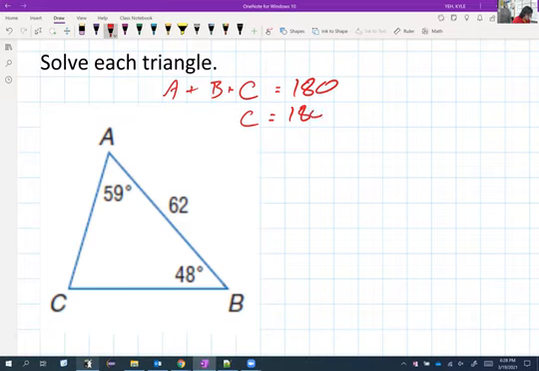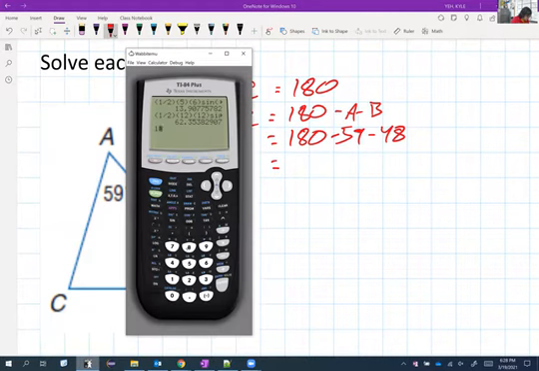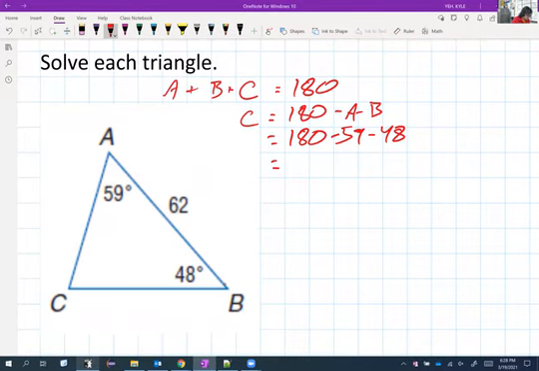So C is equal to 180 degrees minus A minus B, 180 minus 59 minus 48. And this is just that fairly well-known property of triangles that all their interior angles add up to 180. So according to the calculator, to make everything add up to 180 degrees, angle C is 73 degrees.